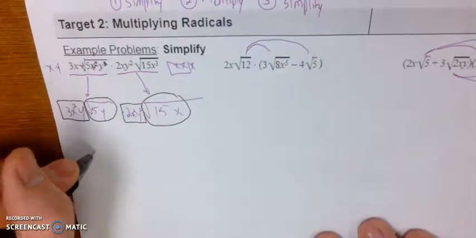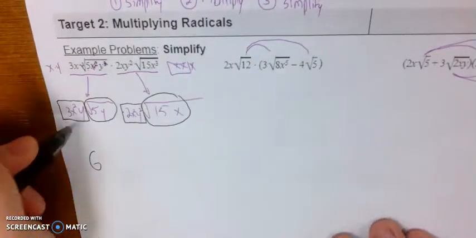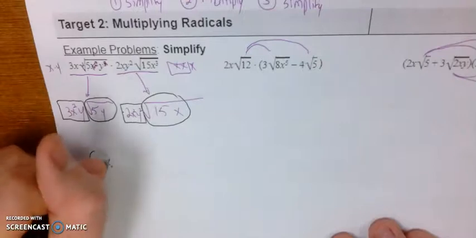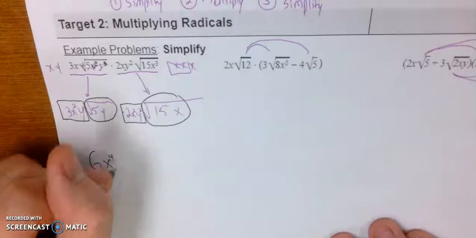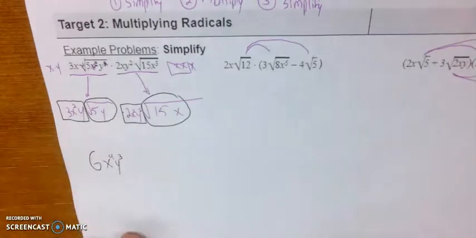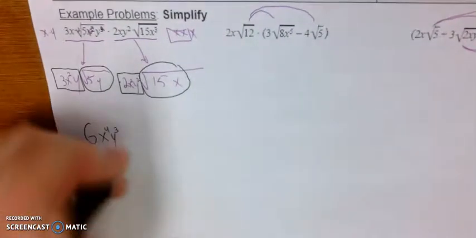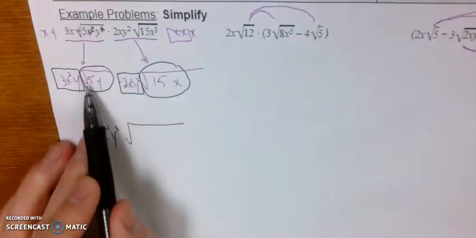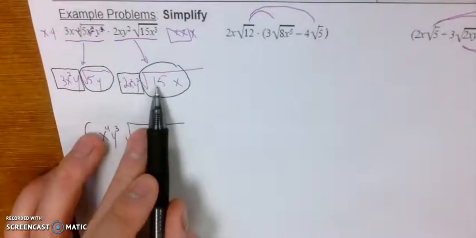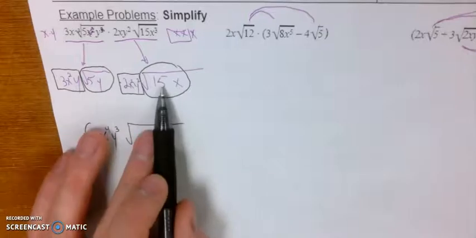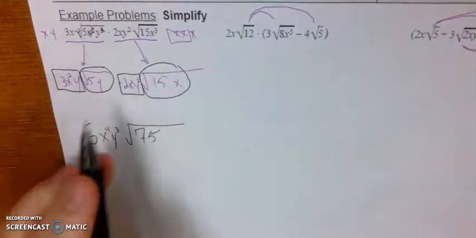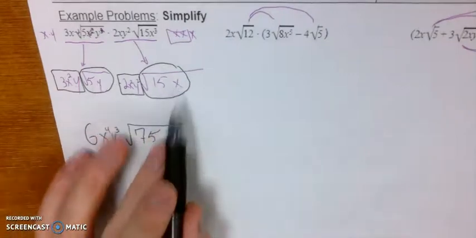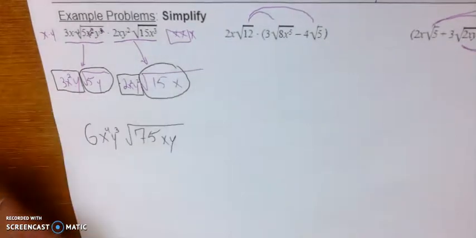So 3 times 2 is 6. X squared times x squared, I have x to the 4th. Plain old y times y squared would be y to the 3rd. And then inside the radicals, I've got 5 times 15. Let's see, 5 times 10 is 50, 5 times 5 is 25, so 75. And then I have a y, I have an x. I like to write them alphabetically, so I'll just call that xy.